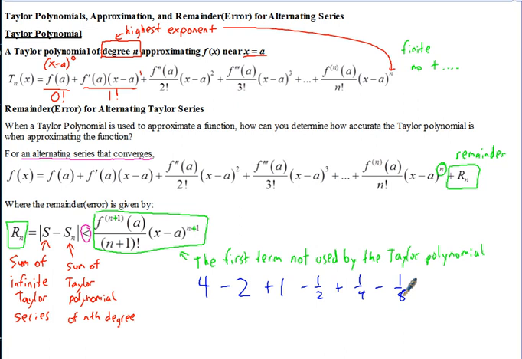Let's say the Taylor polynomial just gave us those first 4 terms. What this is saying is the most we could be off by is always going to be less than this next term that we didn't use. In this case, the first term we didn't use was 1/4. That's what this represents right here.